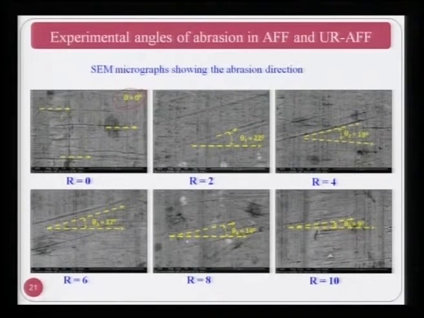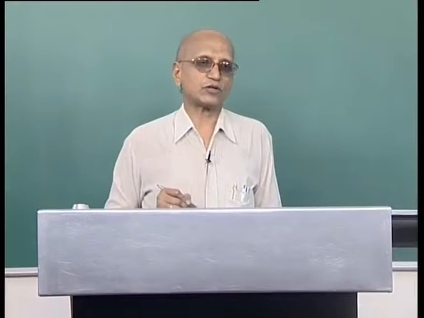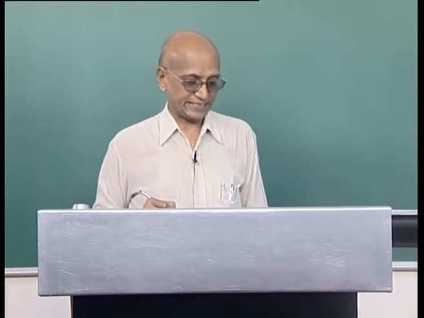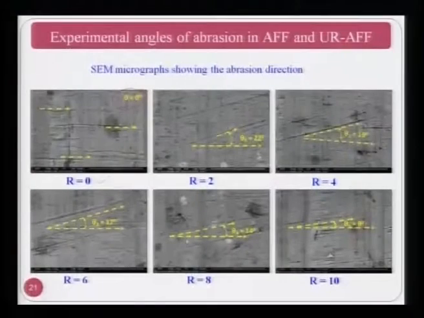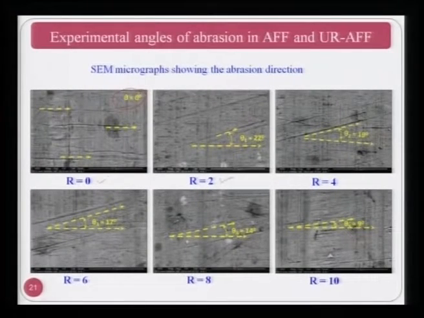Now, as this angle is decreasing, the RPM or rotational speed of the workpiece is increasing. You can see here initially it is 0 RPM, 2 RPM, 4 RPM, 6 RPM, 8 RPM and 10 RPM. That means the cross hatch pattern angle is also changing, as is very clearly visible from the photographs taken of the finished surface.